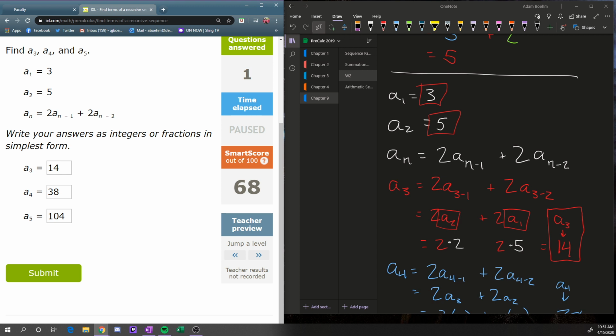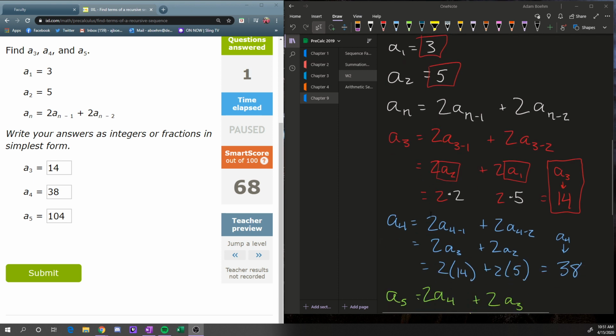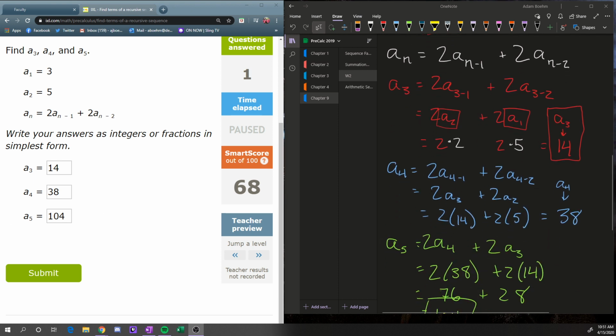We're just getting patterns and defining them. So where on this problem are you struggling? That's what I want to know.